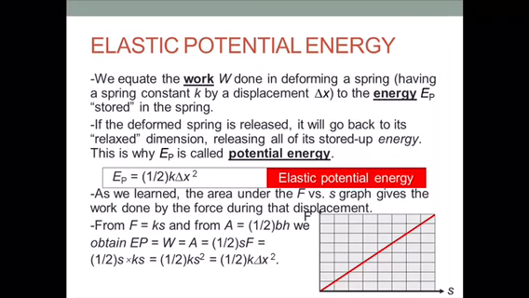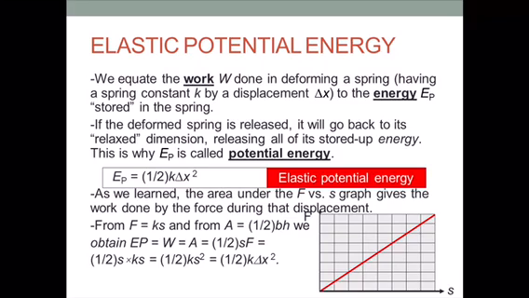This is why EP is called potential energy. This potential energy has a formula which equals half K delta x squared, where delta x is the displacement, K is the spring constant, and EP is elastic potential energy.